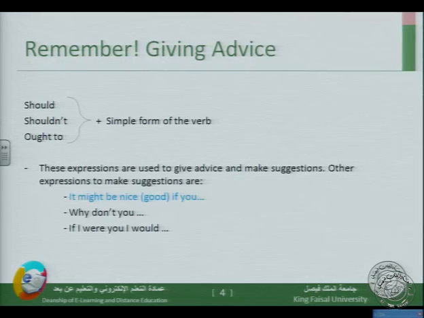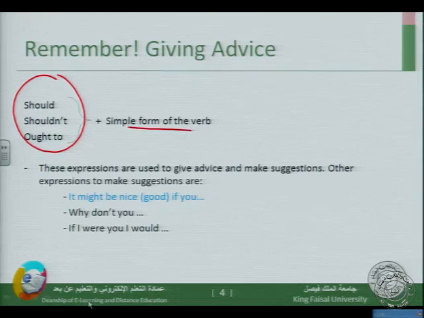Let us first start with a reminder, giving advice. Do you remember last time we talked about how to use should, shouldn't and ought to, followed by the simple form of the verb, to give advice? For example, if someone is sick, you should give him advice.